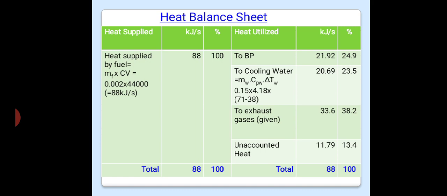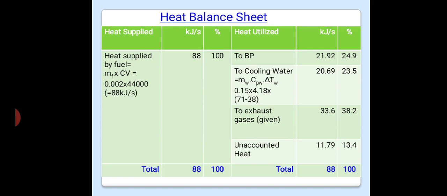So after substituting these values, we got heat supplied by fuel is 88 kilojoule per second. Now see, we have to plot this heat balance sheet in kilojoule per second and percentage wise. So 88 kilojoule per second is the heat supplied by the fuel, which is equal to 100% heat supplied.